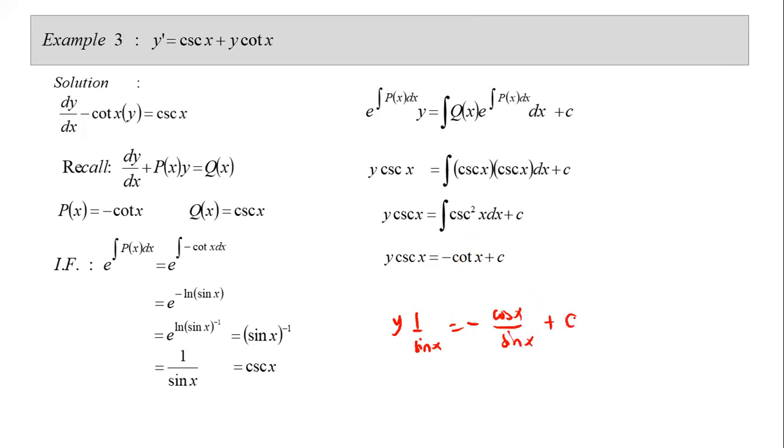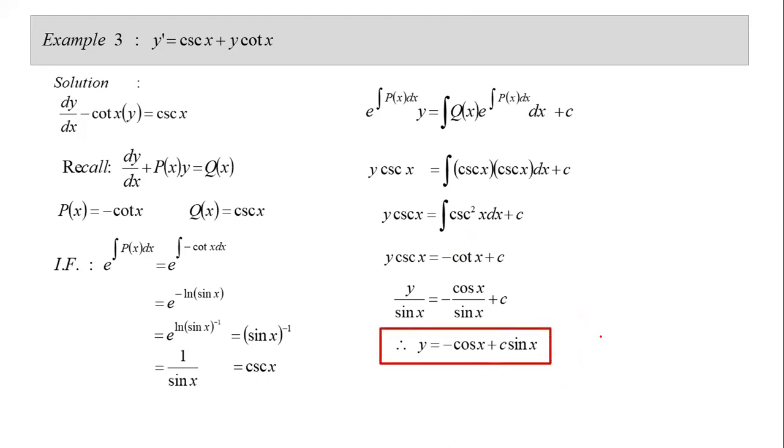And then you just multiply this by sine x, and then you just have y equals negative cosine of x plus c sine x. So you'll have y equals negative cosine of x plus c sine x. And that's the general solution of the given differential equation.